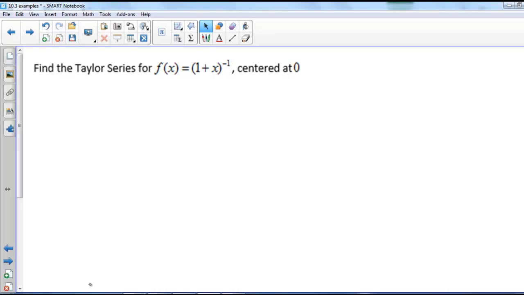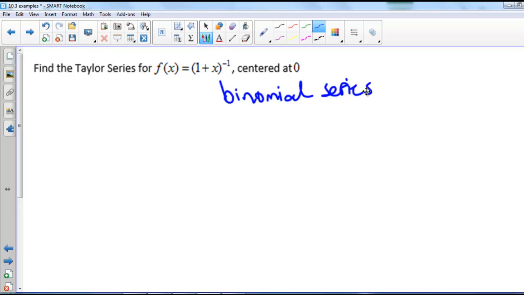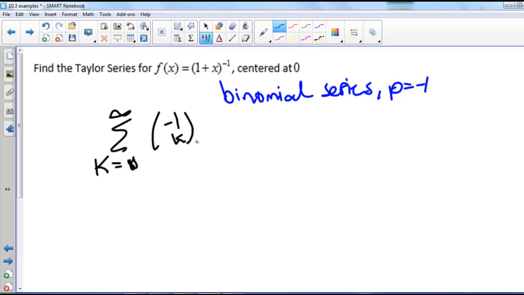We want to find the Taylor series for f of x equals 1 plus x to the negative first centered at 0. So this is a binomial series with p equals negative 1. So we get the series k equals 0 to infinity of negative 1 choose k times x to the k.